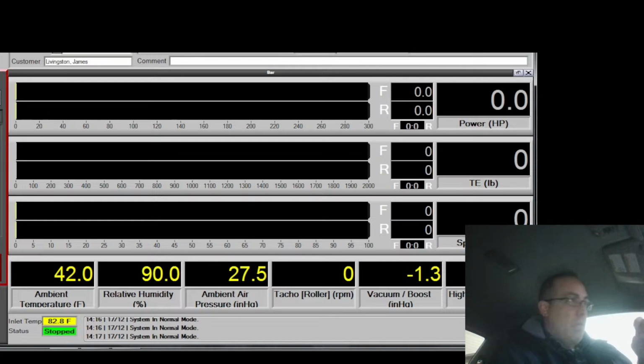I have more molecules in there that are getting energy from that spark event, and more molecules that are starting to burn at the spark event.